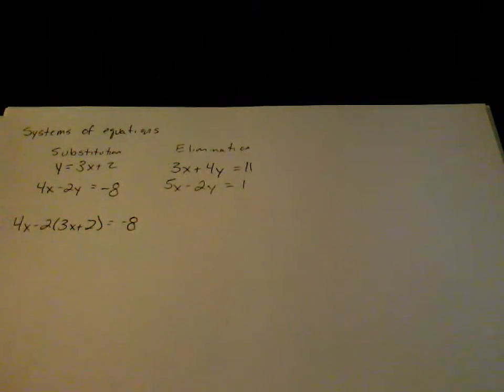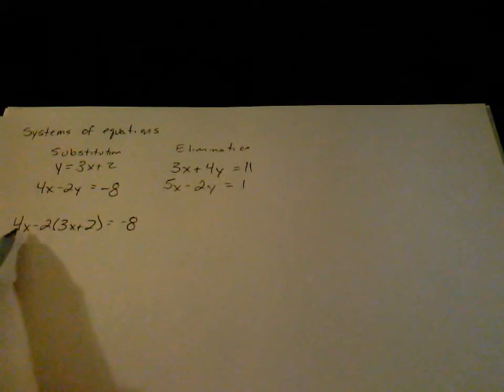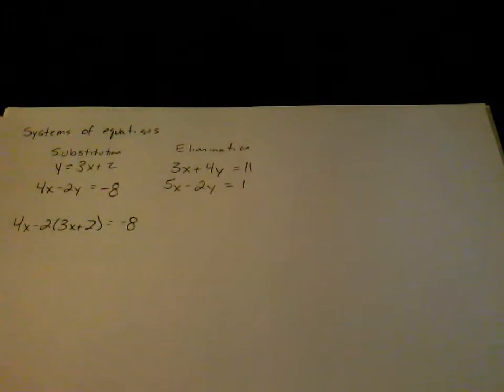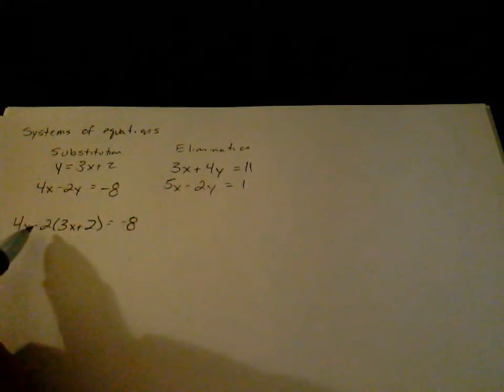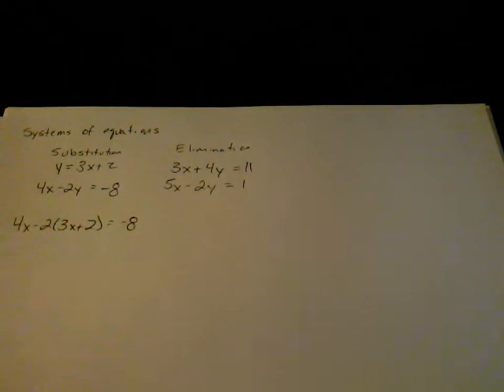Now, when I do that, you'll notice that all I have is x's. The y's go away, so all I have is one variable, and I'm actually able to solve for it. That's the whole reason we did this: we want to be able to solve for a variable. Now, the first step after that is you have a negative 2 in front of the parentheses, and anything in front of parentheses means multiplication, the distributive property.